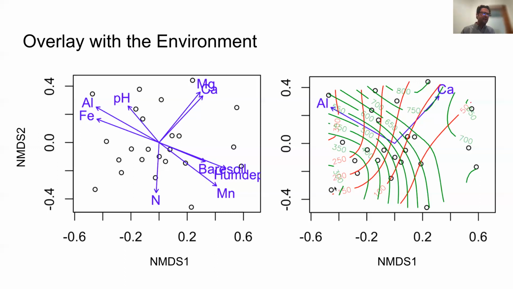Well, this site is very different from this site from a species composition perspective because they're far away on this ordination axis, and calcium is generally increasing between the two. Whereas along this contour, they're not really changing much from a calcium gradient perspective, but they are different according to species composition. Otherwise, they would be closer together.